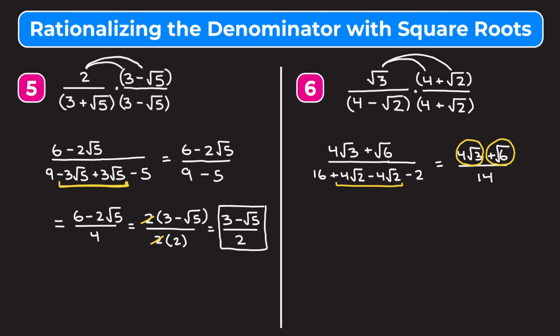So I can't cancel that out with the 2 that I can factor out on the bottom. So you have to be able to factor out the number you're canceling out when you're canceling out things in a fraction. So I'm just going to rewrite the answer. So we end up with 4 times the square root of 3 plus the square root of 6 over 14 as our final simplified answer.